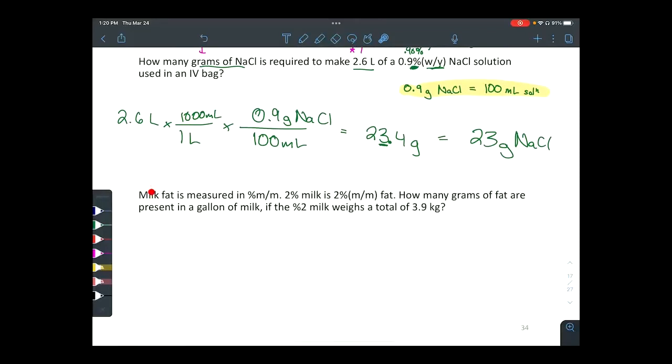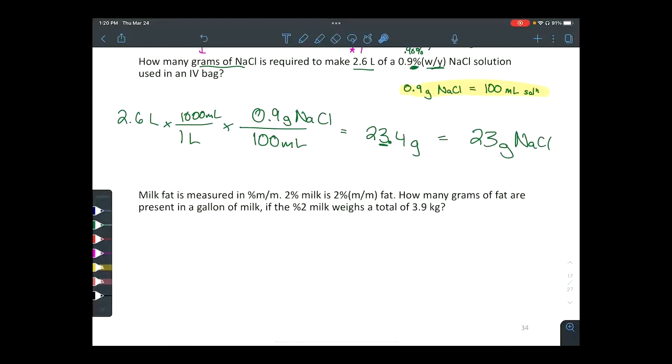It's still kind of the same thing. Milk fat is measured in percent by mass. So 2% milk is 2% fat by mass. Let's rewrite that concentration into an equality.